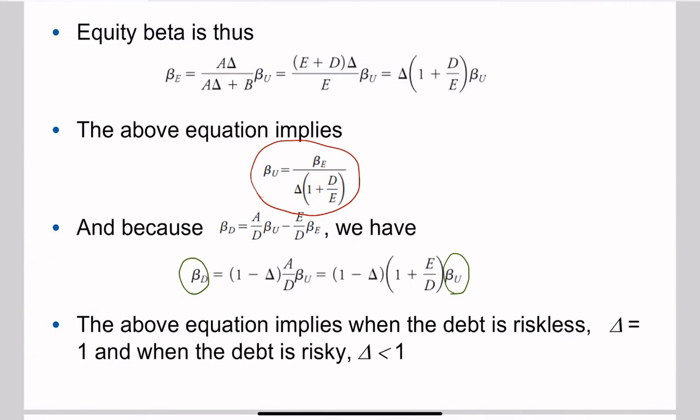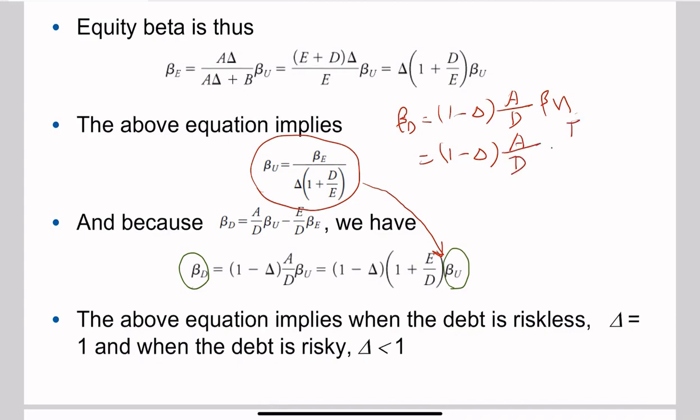Basically you can substitute beta U into the third formula, so it becomes beta D equals 1 minus delta, A divided by D, times beta U. And beta U equals beta E delta, and A divided by E. And then you can see that these two A's just cancel out.